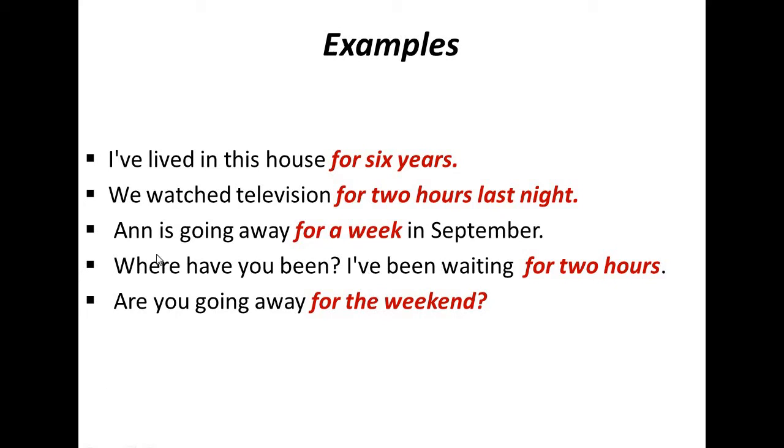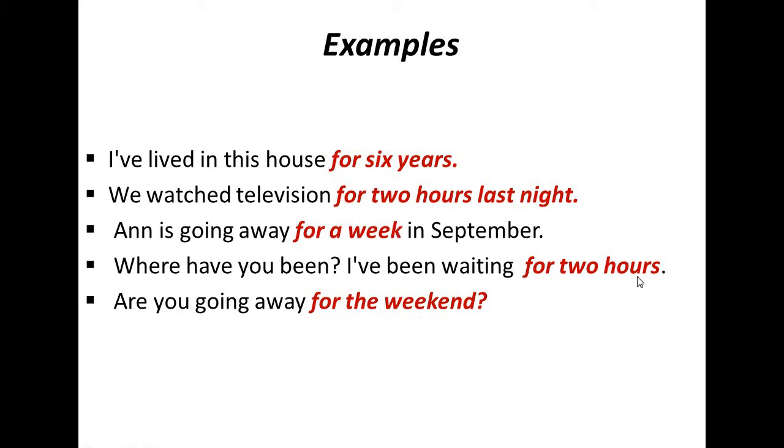The third example, Anne is going away for a week in September. So here we indicate how long she will stay, for a week. The fourth example, where have you been? I have been waiting for 2 hours. So for 2 hours I am waiting for you.